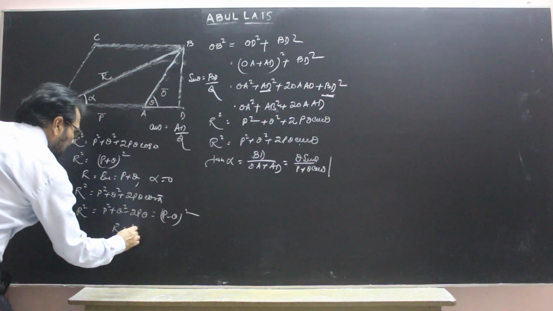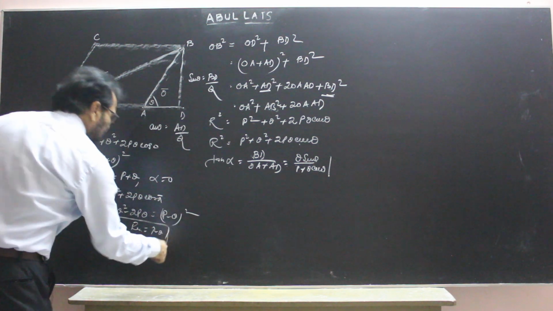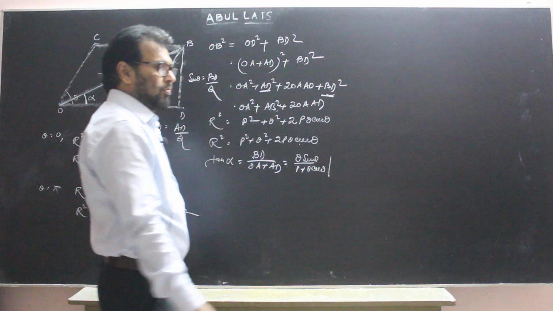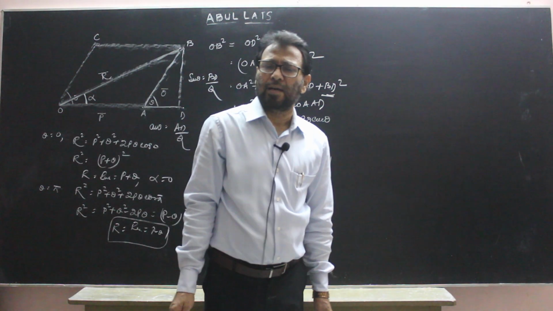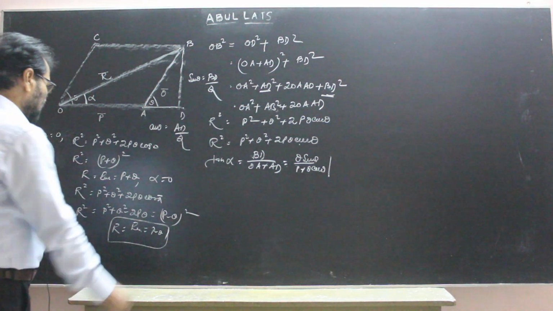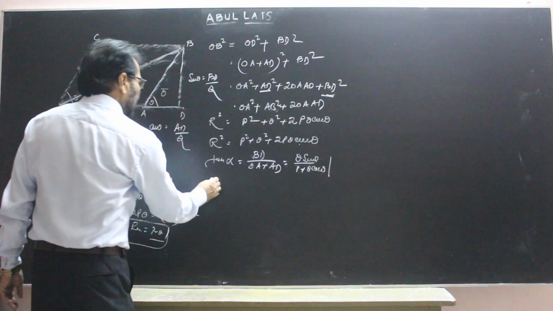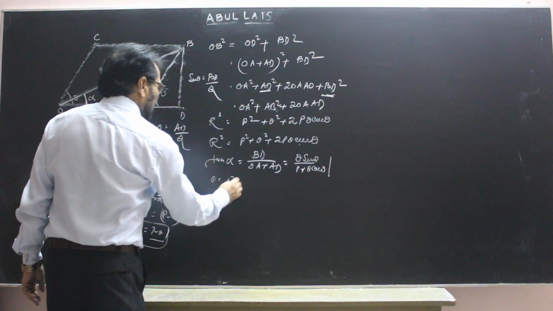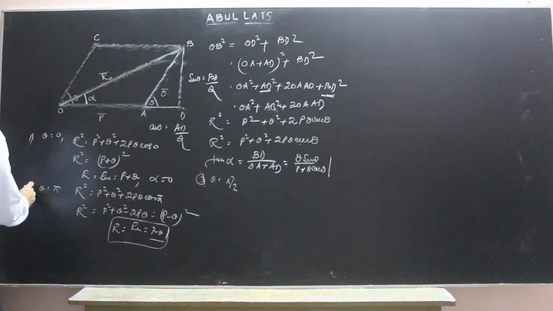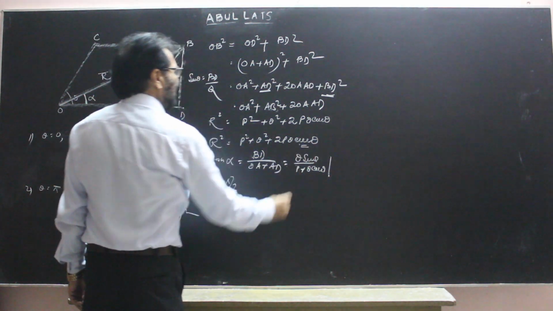So R is minimum, P minus Q. So the resultant has minimum value when the angle between the two is 180 degree and it is equal to P minus Q.